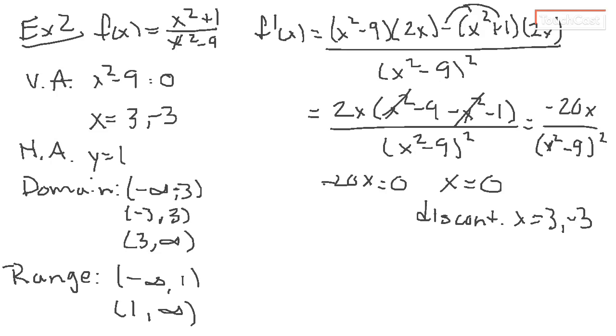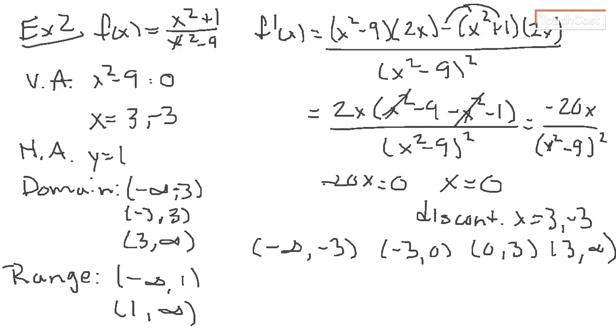So let's write our test intervals and find points for those to test out. So we know our intervals we're going to be looking at are from negative infinity to negative 3, from negative 3 to 0, 0 to 3, and 3 to infinity.